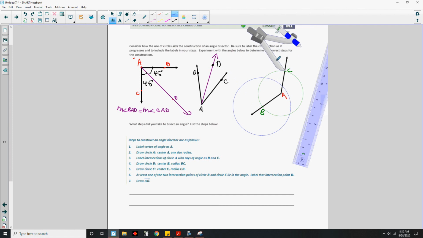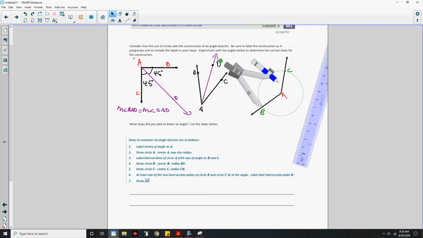And then I put this point on C. So it says draw circle B centered at B, radius BC. Oops, it does matter. I'm not following my directions, I'm thinking of something else. So yes, I put the point on B. I extend this out to C, and I draw a circle.